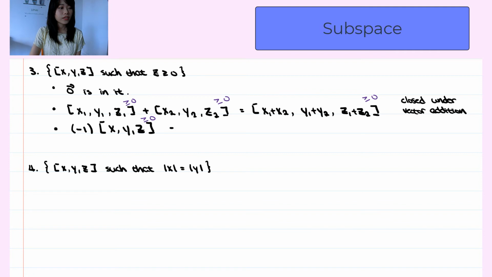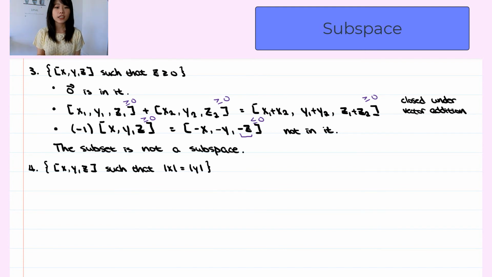The resultant vector would be -x, -y, and -c. But I know that c is greater than or equal to 0, so -c would be smaller than or equal to 0. So the resultant vector after I multiply a negative value is not in the subset. So the subset is not closed under scalar multiplication, which means the subset is not a subspace.